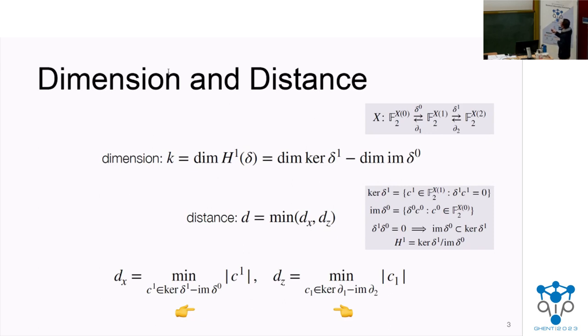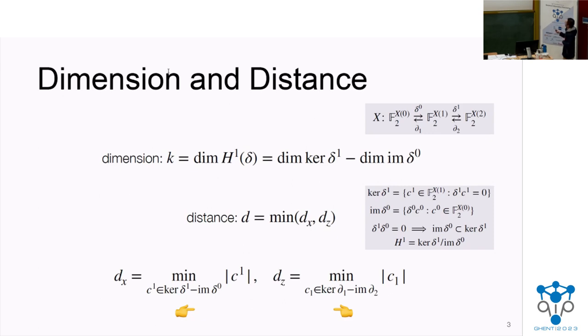Just to remind you, the kernel of a map is the set of vectors that map to 0, and the image is the set of vectors that can be mapped to by something, here by delta 0. An important relation is that the image is a subset of the kernel, due to this relation in delta. A vector in the image of delta 0 has to map to 0 after passing through delta 1, and that's why it's in the kernel.